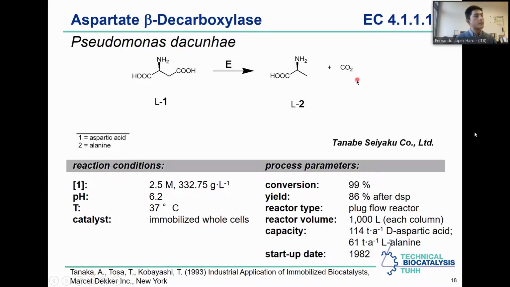This is a very good example of a reaction where you have to test not only your chemical abilities, but also your process knowledge and your practical abilities, because as you can see in this reaction, and in general for lyases, it is often the case that we have 1 mole producing 2 moles. That is the definition of a lyase.